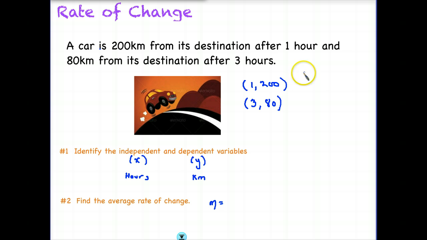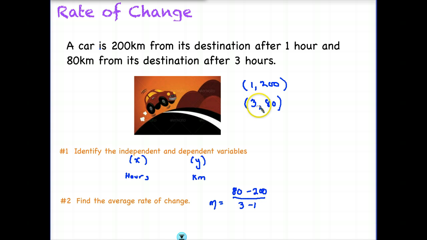I'll go ahead and choose the top one to be x1 and y1, and the bottom one to be x2, y2. But again, it doesn't matter which way you do it, it'll still come out with the same answer. So on the top, I will have 80 minus 200, and on the bottom, I will have 3 minus 1.